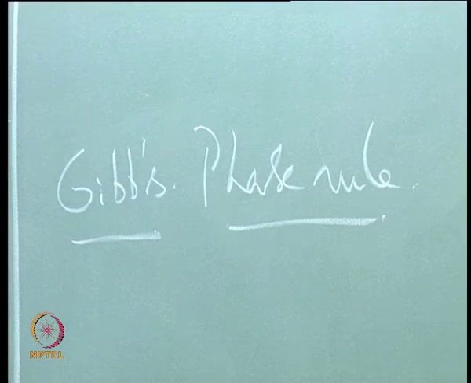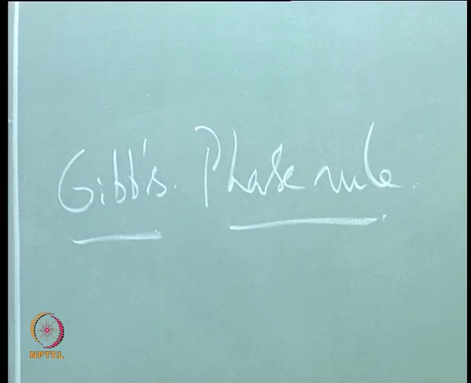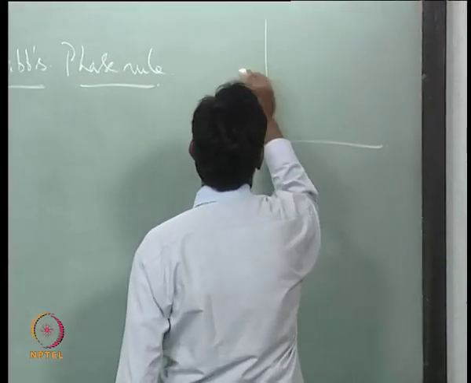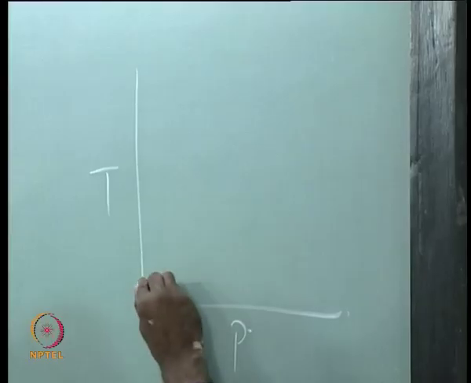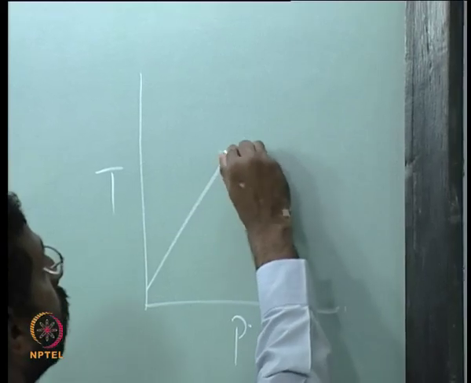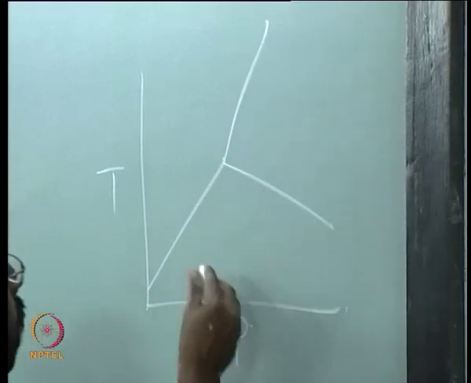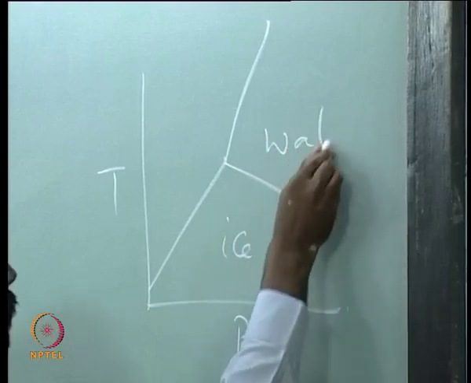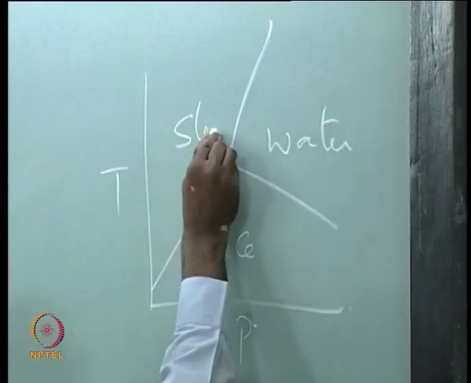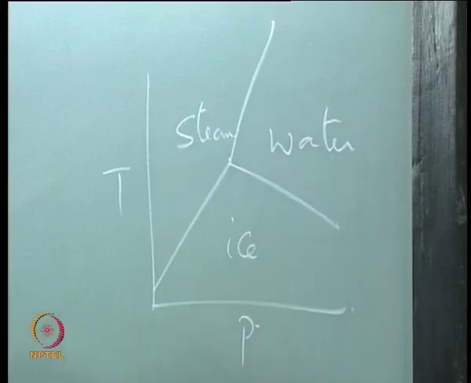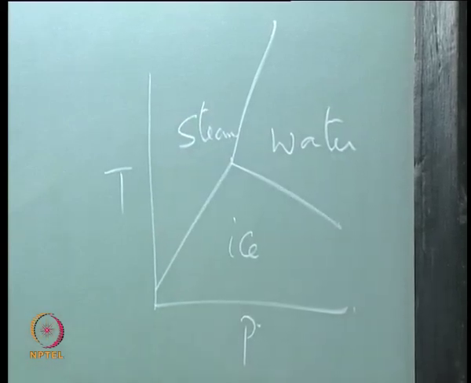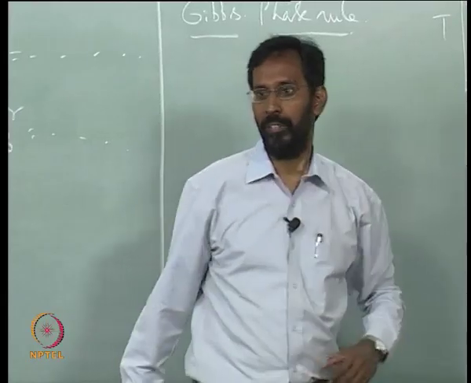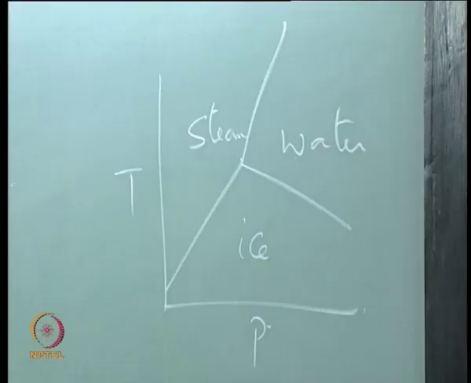In fact, when we talked about the temperature pressure diagram for the solid, which is the ice, the water and the steam, we drew this diagram, if you remember, and there you had a doubt about this triple point. Once you understand this phase rule, then understanding that becomes very easy. So what is this phase rule?